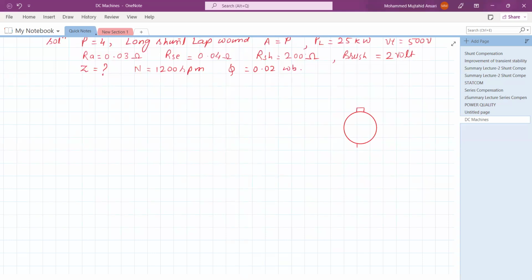It means that the shunt winding is in parallel with the armature as well as the series field winding.